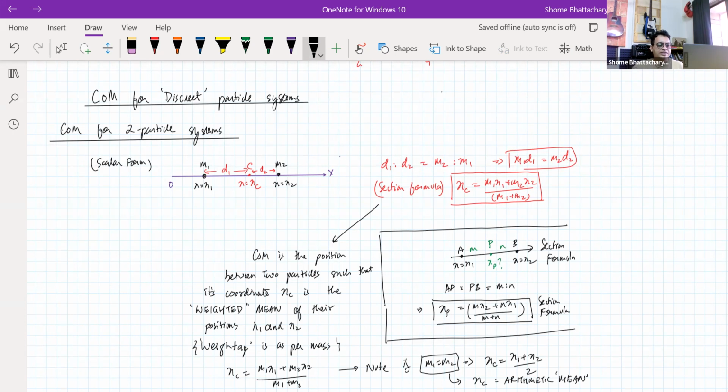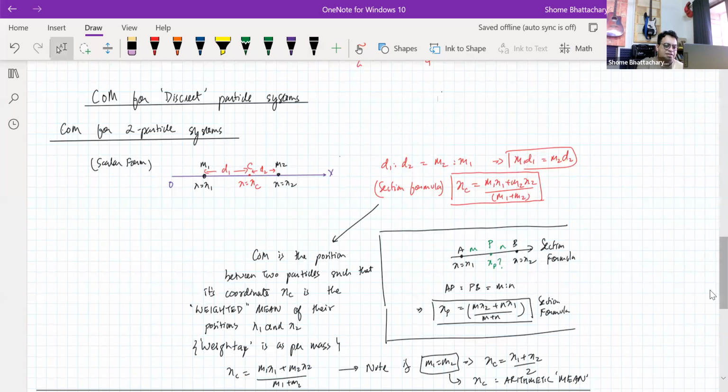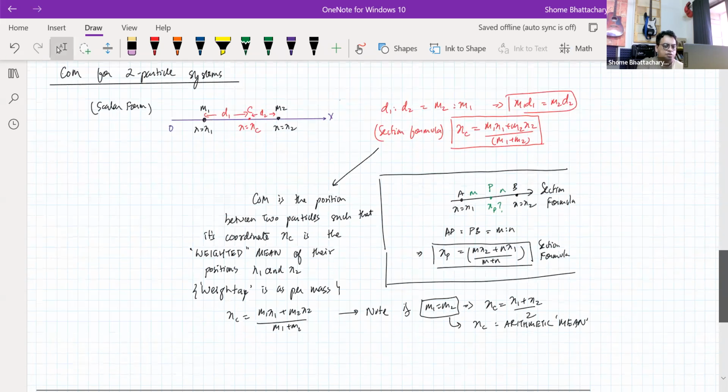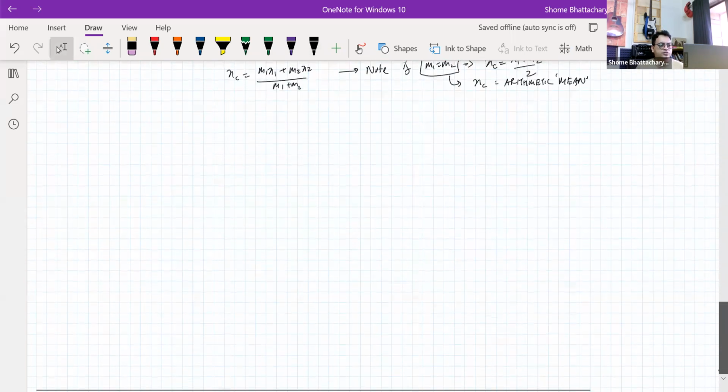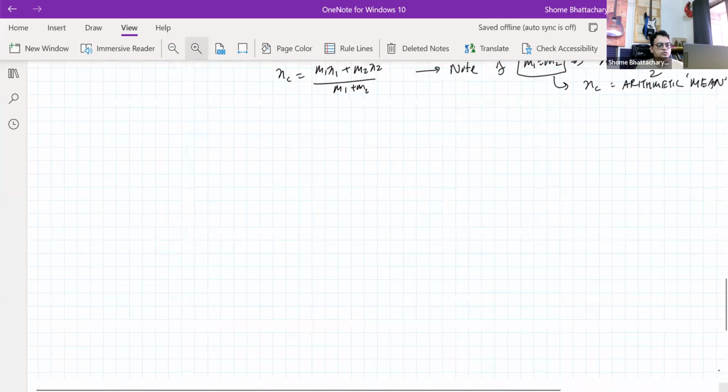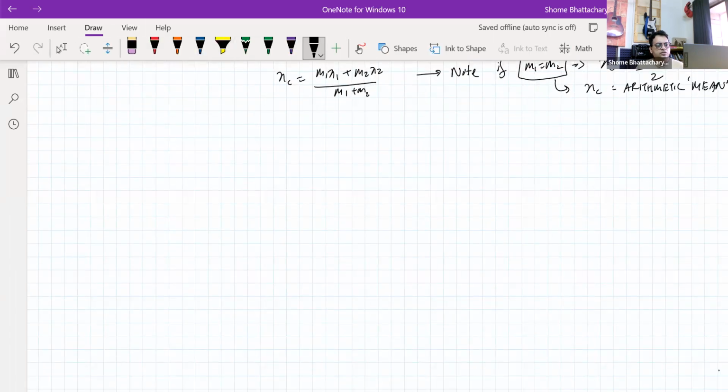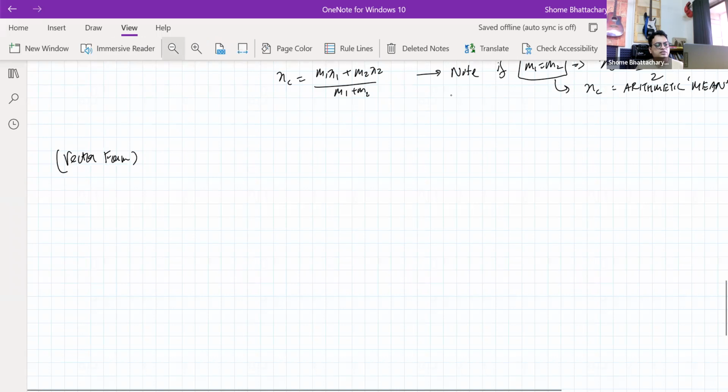If they have general coordinates x1, y1, z1, and x2, y2, z2 in our rectangular three-dimensional coordinate frame, if the particles are located at any arbitrary points, then how do we locate the center of mass? So we have to just convert this into a vector formula instead of a scalar. So within this section of center of mass of two particle system, we'll now write it in vector form.